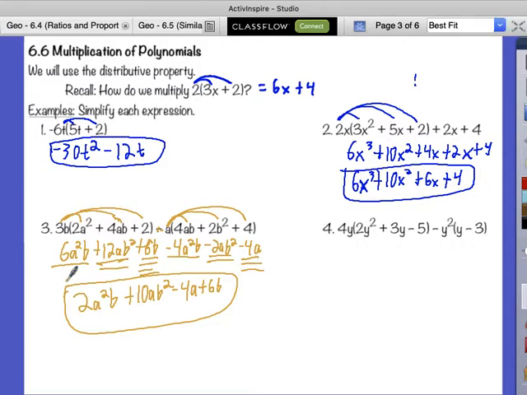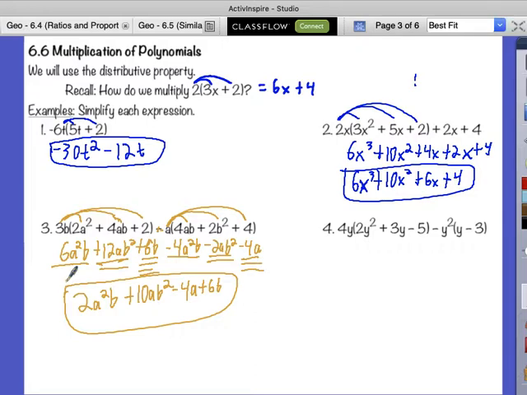That's 3y, so mine's probably right. What's negative y squared equal to? What was 2y times 4y squared, or 4y times 2y squared?